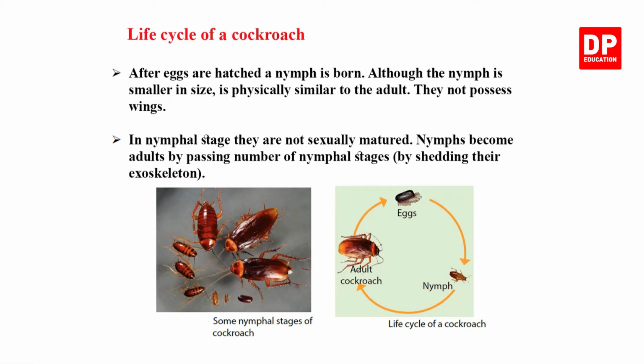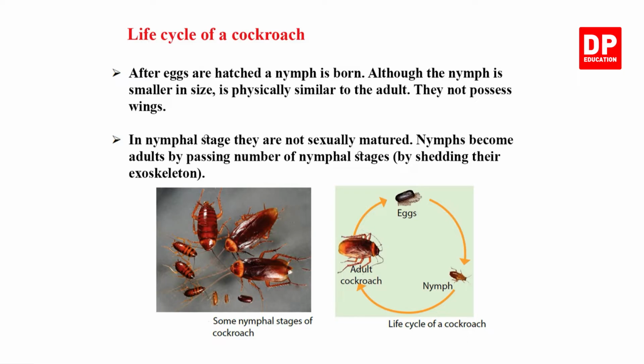I told you that we are mainly discussing three life cycles here. After that, there are two other life cycles also: the life cycle of a fruit fly, and a mosquito. But mainly we are discussing three life cycles here.